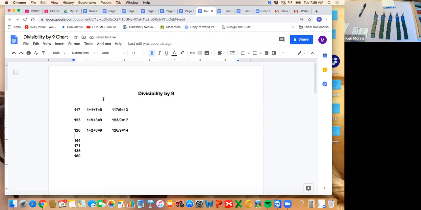At this point, the children will be, again, raising their hands. So what do you think here? What do you think is going on? Yes, you're absolutely right. It's like a magic trick: if you add the digits of the numbers and you get a number equal to 9, then you can be sure that that number will be divisible by 9.